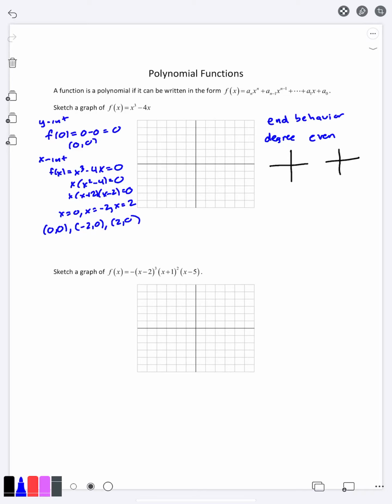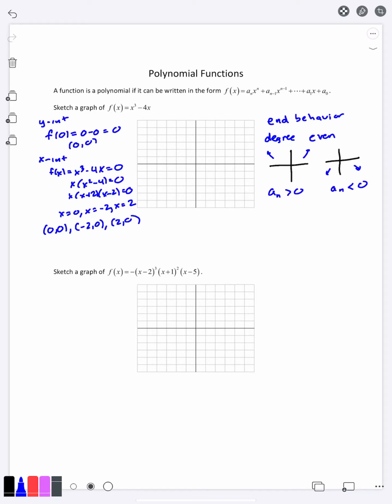Well, if your degree is even, then either both the left and the right are both going to go upwards on the far edges all the way to infinity, or they're both going to go downwards all the way to negative infinity. And the way you know which one's which is whether your first coefficient, which we call a_n, is positive or negative.